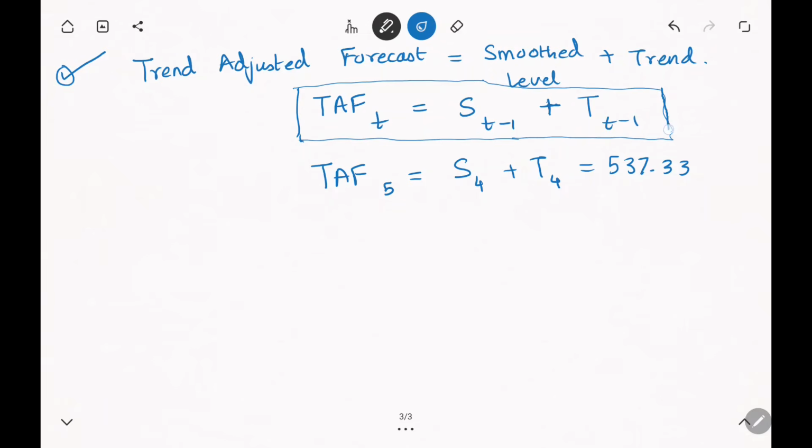That is, we had the estimate for S4 and the estimate for T4, and we added them to get TAF of 5. That is the forecast.